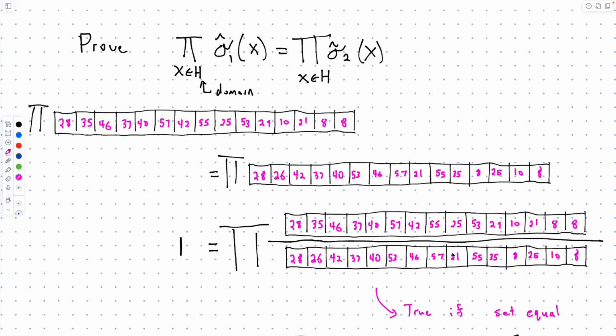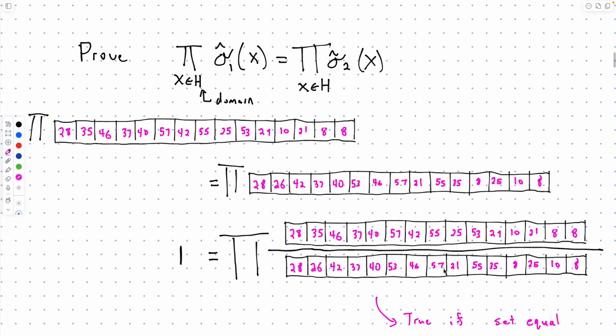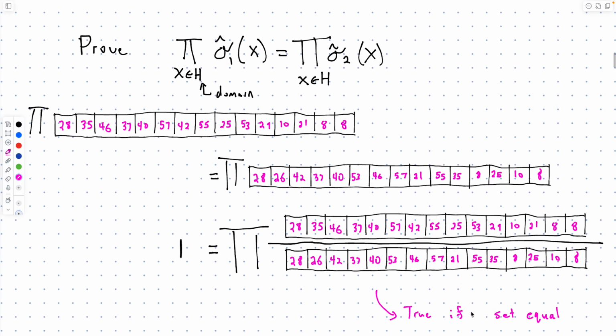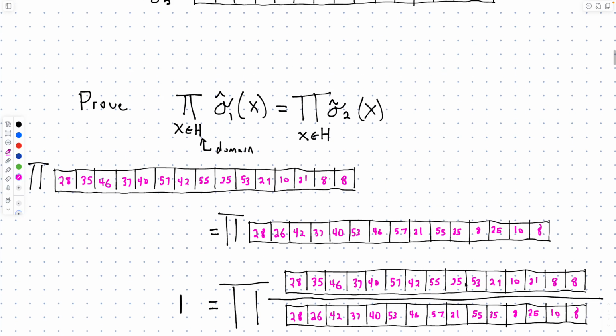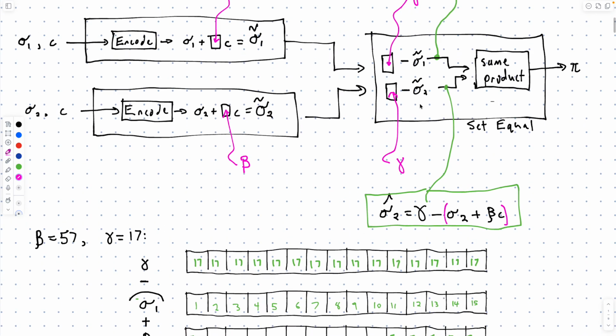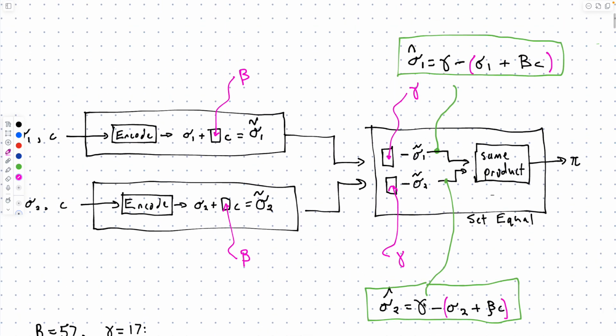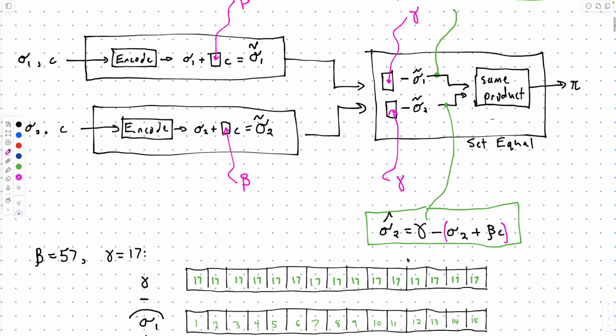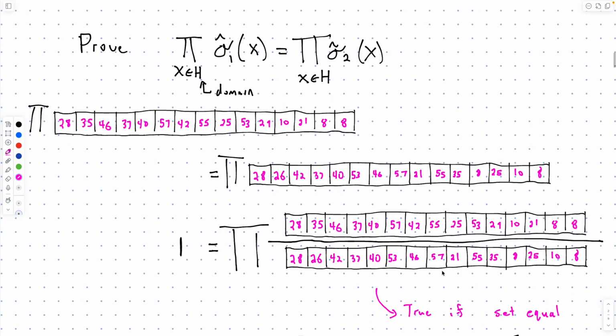If they're not set equal, probably it's not going to cancel out, but there is a chance that it would cancel out just because two of these numbers would happen to multiply together to give the same number. It's very unlikely, so the only if is very, very unlikely. The reason it's unlikely is because we choose gamma here randomly, and so you would have to get really lucky with a nice value of gamma so that this equation would hold if they're not set equal.